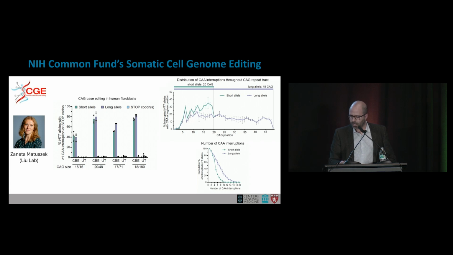Here she's testing this in patient fibroblasts, and you can see that she's having quite strong editing. This is non-allele selective, so you will end up targeting both the wild type and the mutant allele. You have obviously more edits in the mutant allele, because you have a larger landing pad for the Cas9 to interact with.